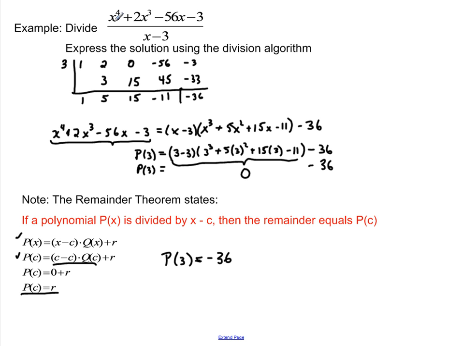The function P of x equals x to the fourth plus 2x cubed minus 56x minus 3, evaluated at x equals 3, is equal to negative 36. Very quickly. And that's one of the nice things about the synthetic division, is that we can use it to carry out a quick calculation on a polynomial. More to come.